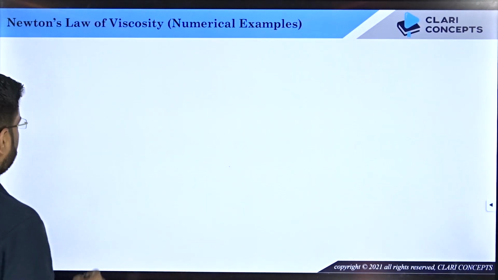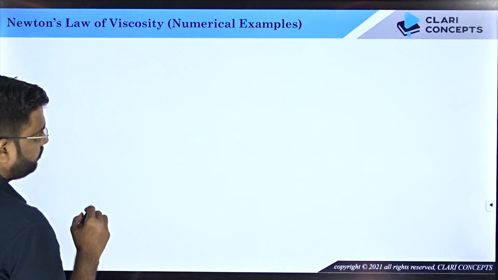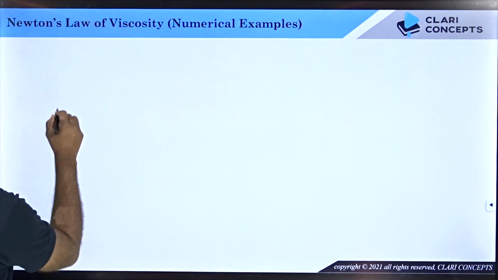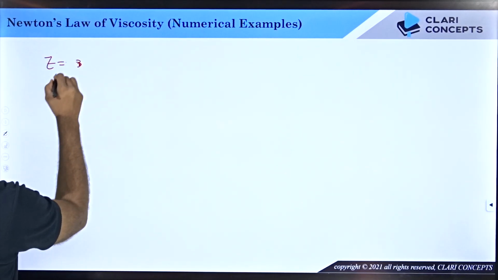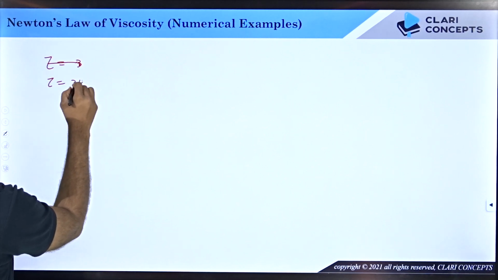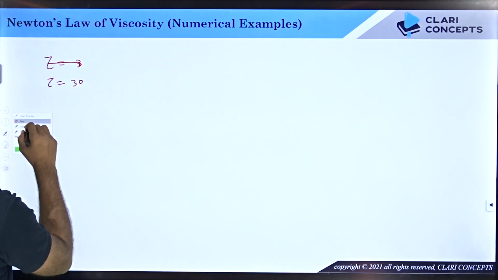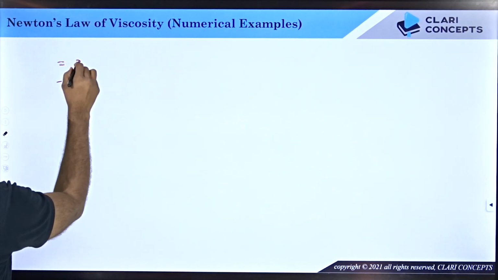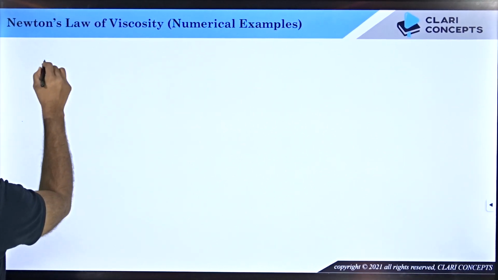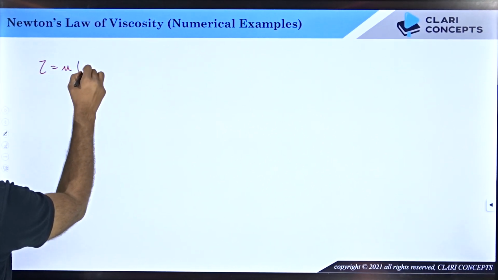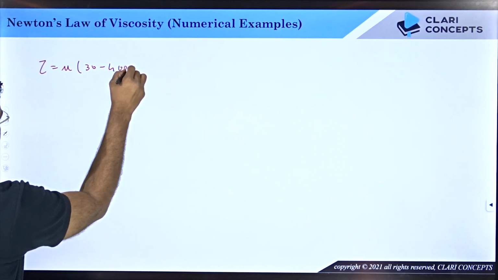So let me take the next slide. Tau equals mu into (30 minus 400y).